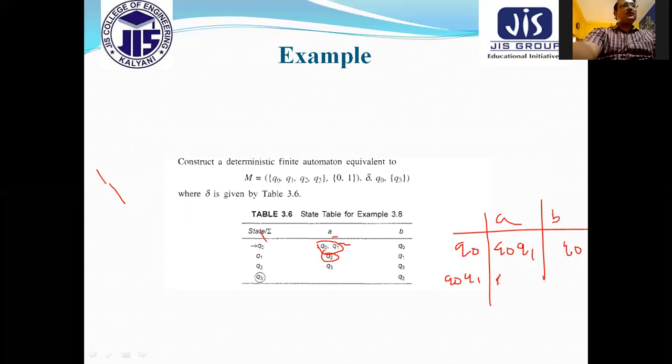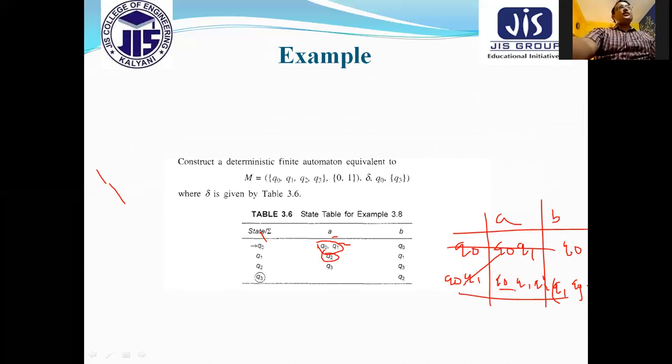It becomes Q0, Q1, and Q2. If I take the union of B there, Q0, Q1, it becomes Q0, Q1, Q2. So already this one is included, this one included, this one included. So this is a new state.